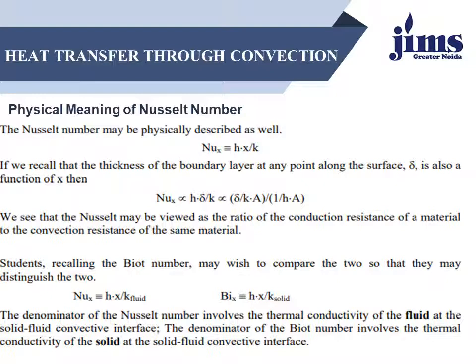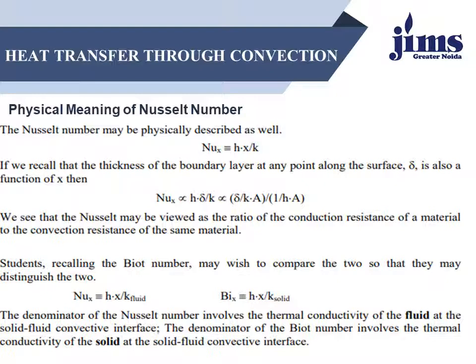We see that the Nusselt number may be viewed as a ratio of the conduction resistance of a material to the convection resistance of the same material, or the Nusselt number is equal to hx divided by k fluid.